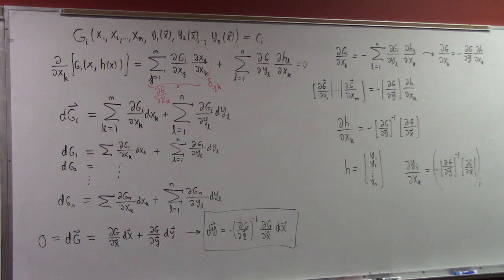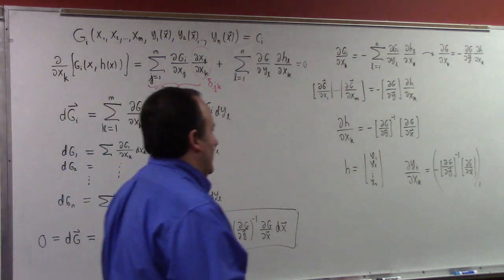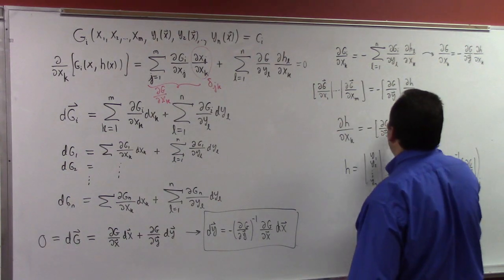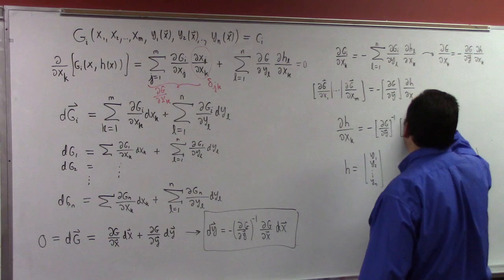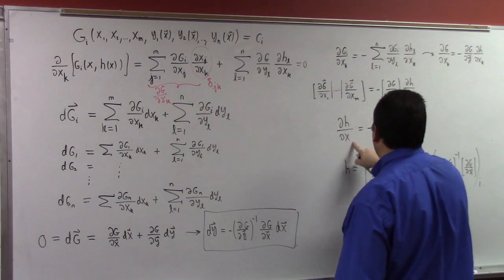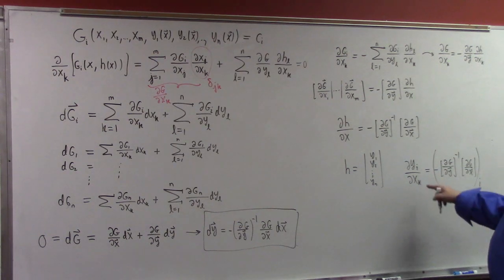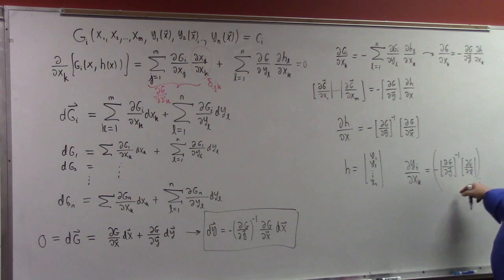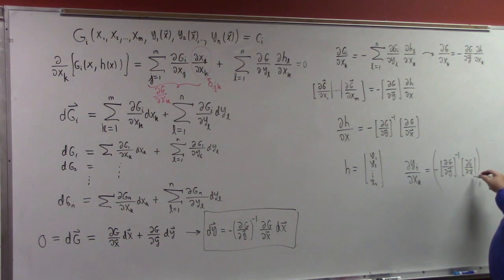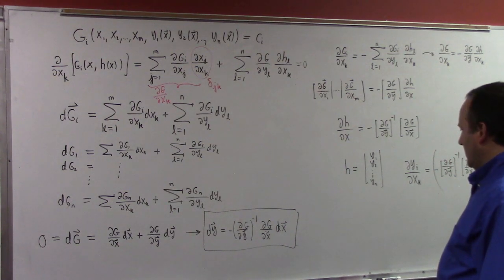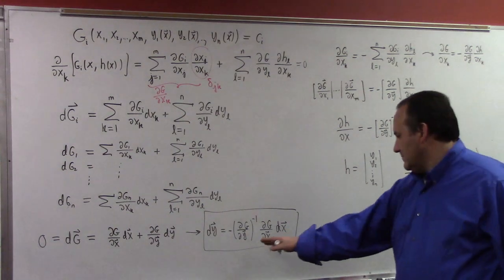Oh, that's a matrix. I should drop the k here. That's a matrix. But if I want to calculate the ikth component of the matrix, I should put a k here.